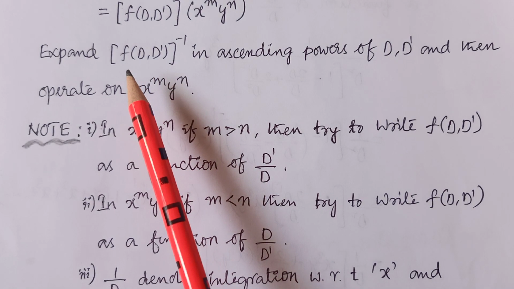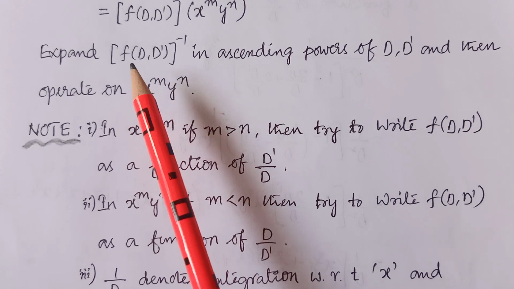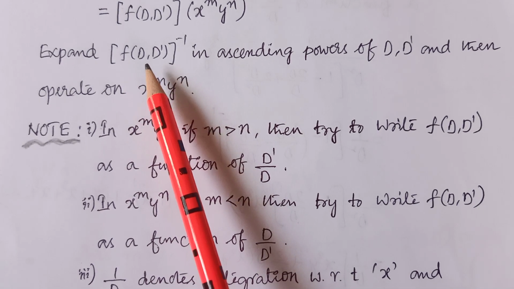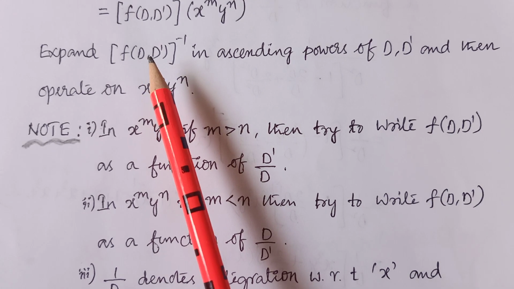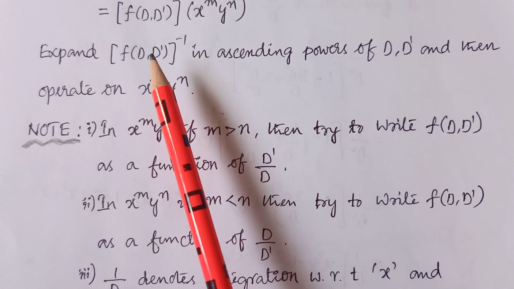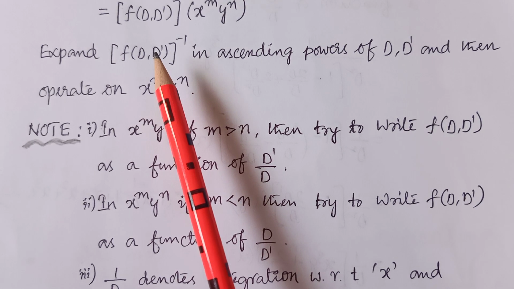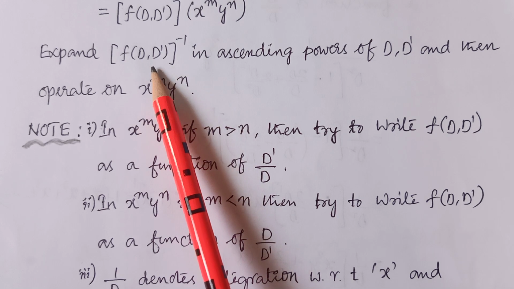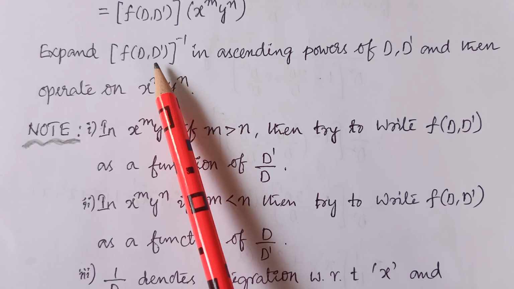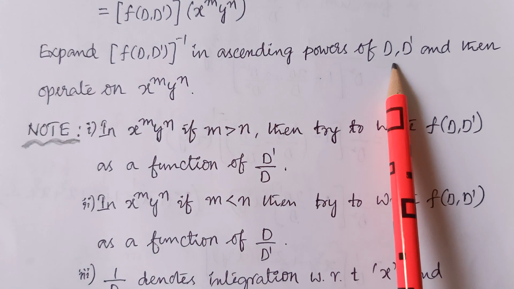That is, 1 minus x whole power minus 1 is equal to 1 plus x plus x square plus x cube and so on, and 1 plus x whole power minus 1 is 1 minus x plus x square minus x cube and so on. These are the few binomial expansion formulas we are going to use, so by knowing those formulas we can expand this in ascending powers of D comma D dash.